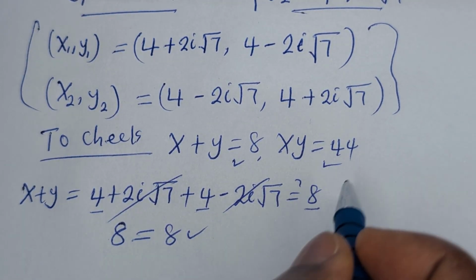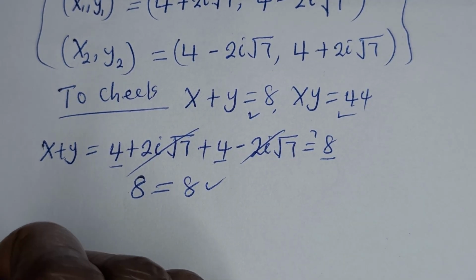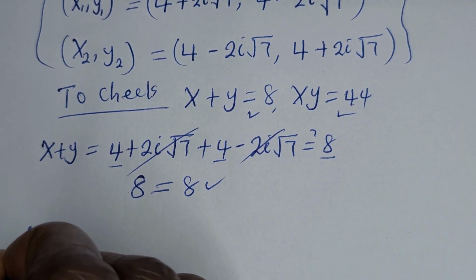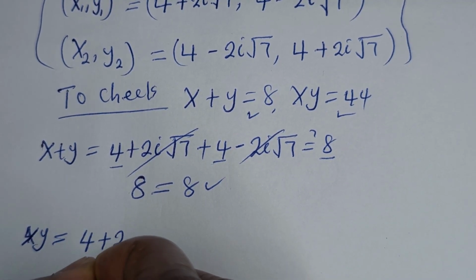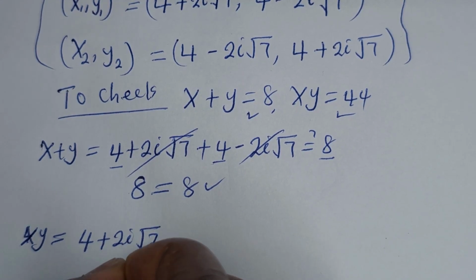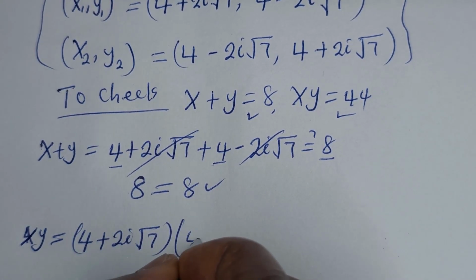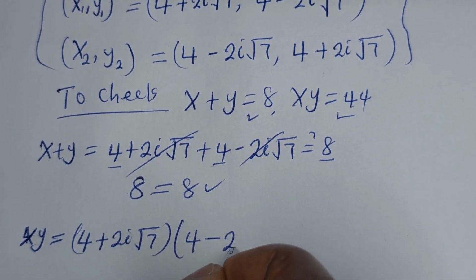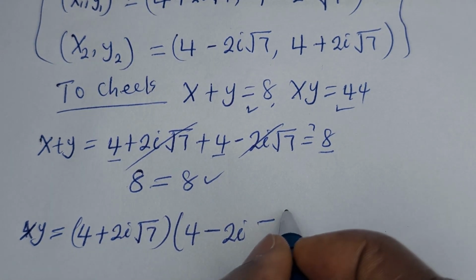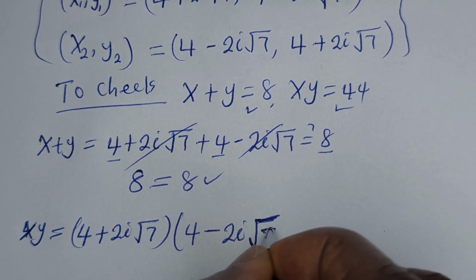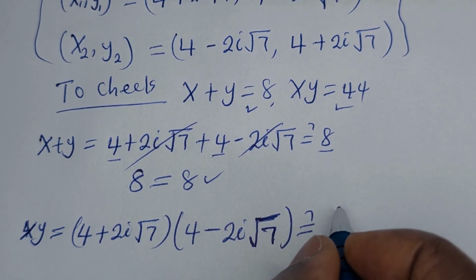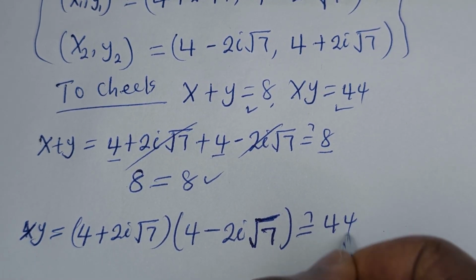Now let us consider this. We have sy. This is 4 plus 2i root 7 multiplied by 4 minus 2i root 7 must be equal to 44.